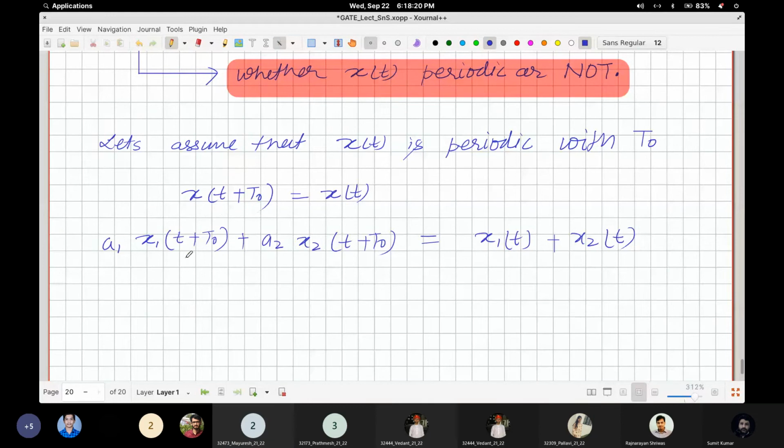Now x1(t) is periodic with T1 and x2(t) is periodic with T2. What does this mean?